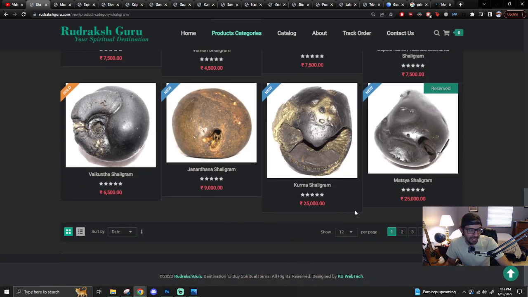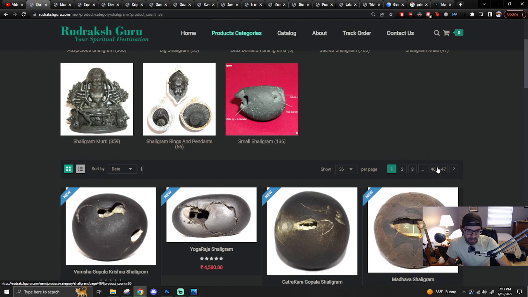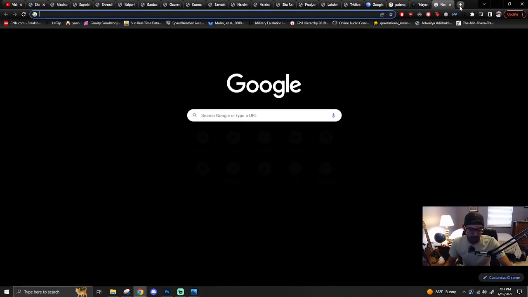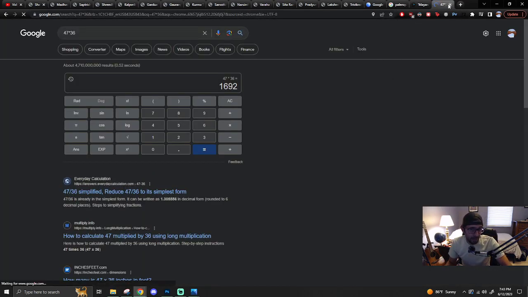There's pages of 36, there's 47 pages at this point, whatever that is. Let's say 47 times 36. Something of that nature. I have like 400 total, including ones from other people.